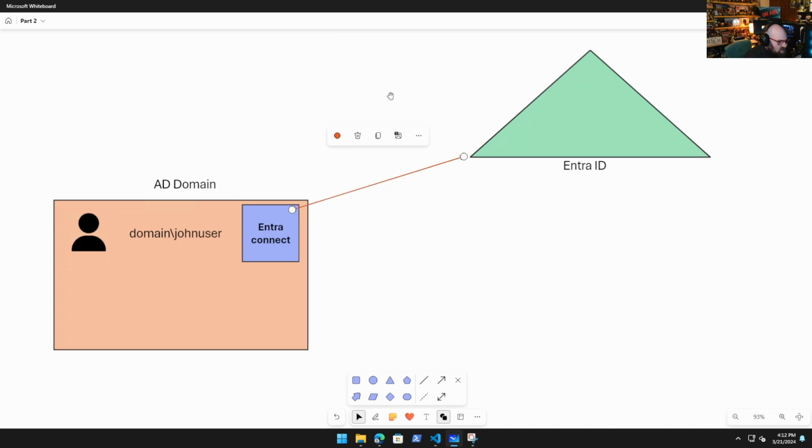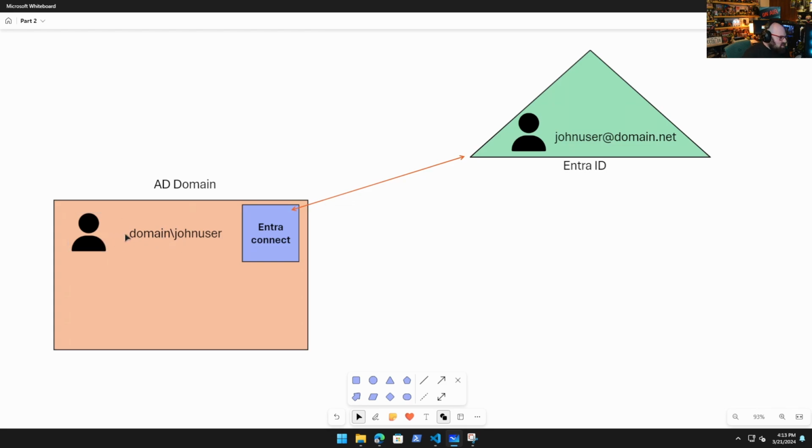It's syncing the identity. So domain/John user is going to exist up here as the email sign-in, John user at domain.net or whatever, doesn't matter. Because up here, this is where John signs into all his web apps for Microsoft, mostly Office, you know, Word, PowerPoint, all that stuff, OneDrive, and that's how that works.